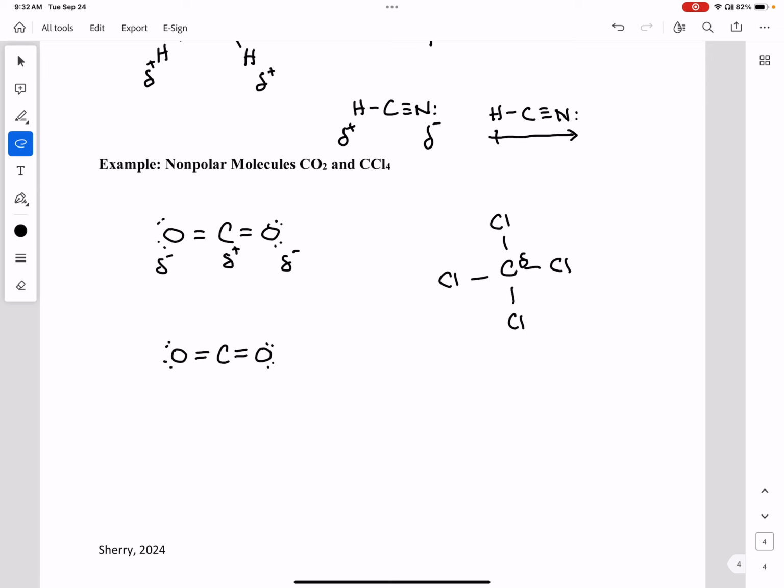So you have carbon in the middle as slightly positive, and then all of these are slightly negative. And we can't forget our lone pairs. But all of these slightly negative charges are pulling in equal and opposite directions. So in total, it's a nonpolar molecule. There is no dipole.